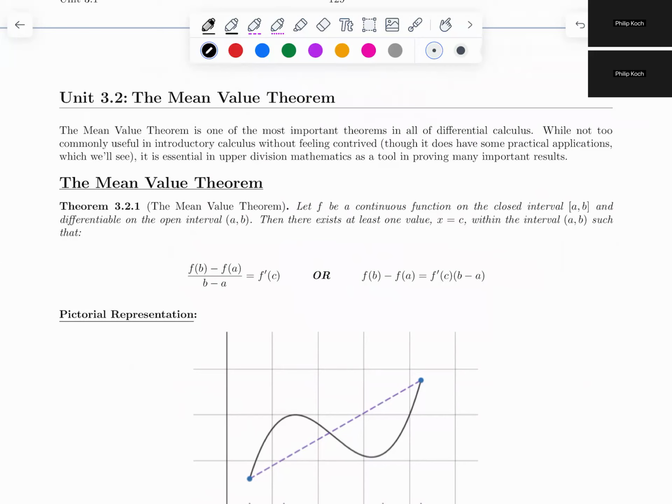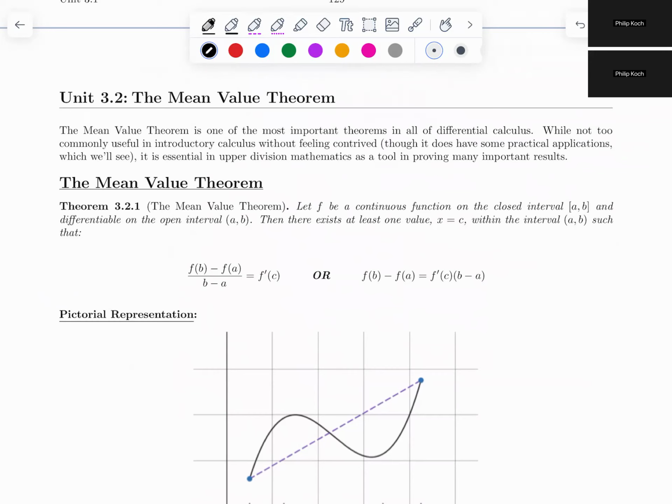There's a mean value theorem for disks, for spheres, for complex analysis. There are so many different mean value theorems because they're very central. Every single question in the section that has the mean value theorem uses it in some way, shape, or form. Every proof requires the mean value theorem. It's so important, so central. But its applications in real life are limited, so we're not going to spend too much time on it.